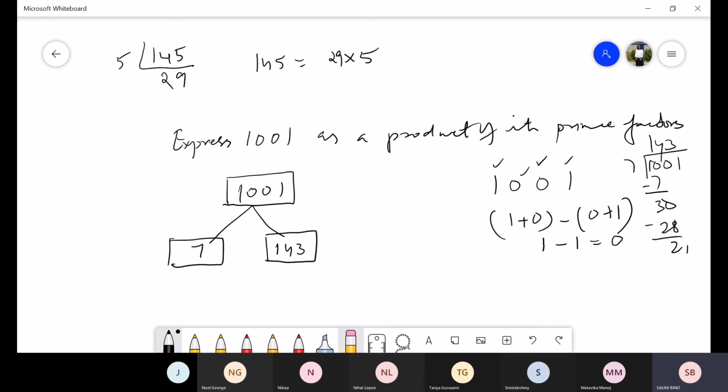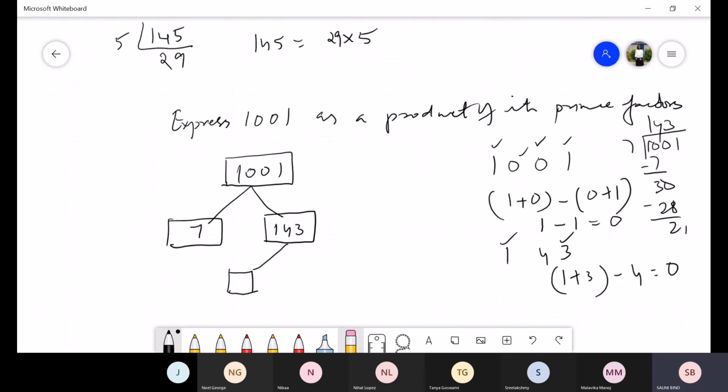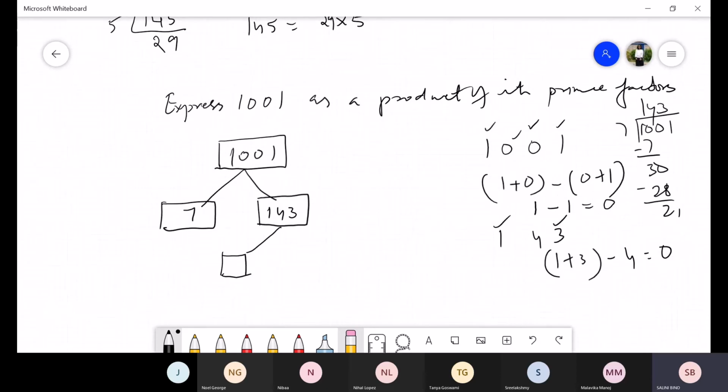Now after that, 143 also you can divide. How will you do it? See, 143. What is 1 plus 3? 4. And the second digit is 4. 4 minus 4 is 0. So when you get like this, that means the number is divisible by, what is the divisibility rule of 11?